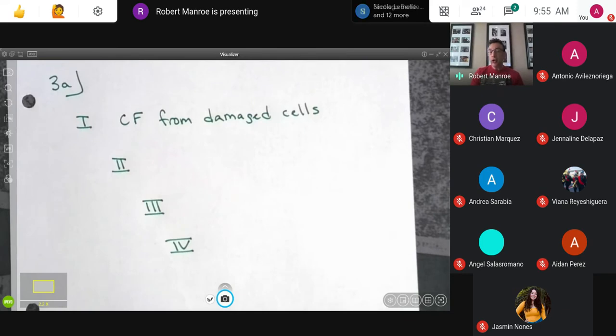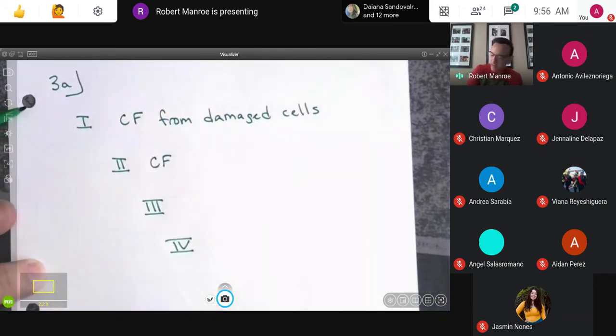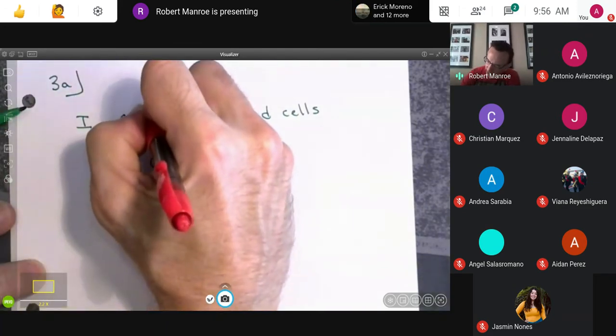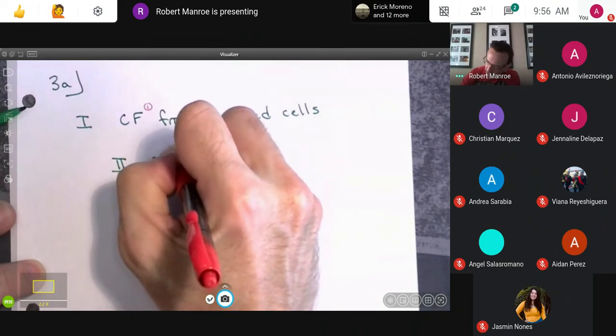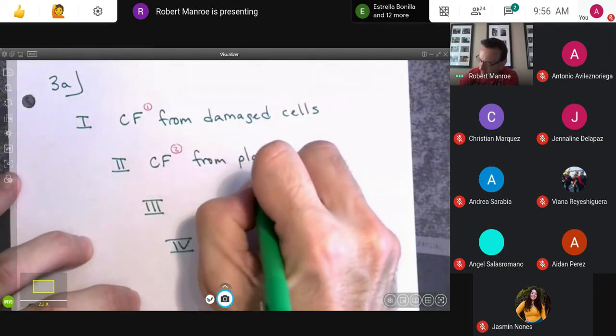However, if you have a large release of clotting factors and you stimulate a large number of platelets, there's a second wave of clotting factor release, except that comes from the platelets. So for a minor little cut, you stop here. Platelet aggregation, you're done, right? But a severe cut, right? The platelets are stimulated and then the platelets release their own clotting factors. So there can be a second wave. So this will be a first wave here of clotting factors. And if it's a severe cut, there'll be a second wave of clotting factors from the platelets.